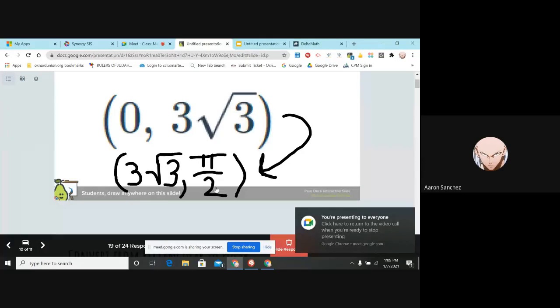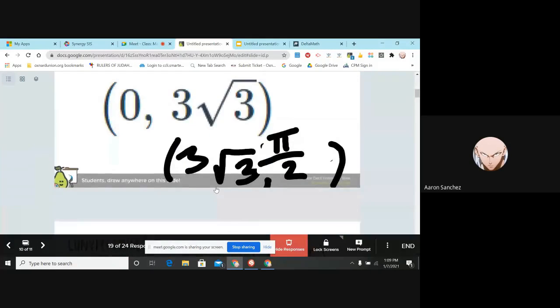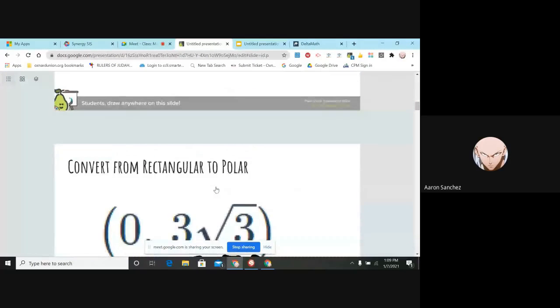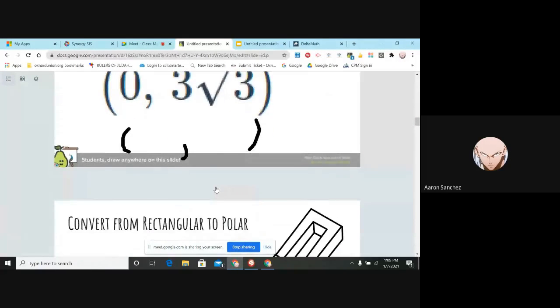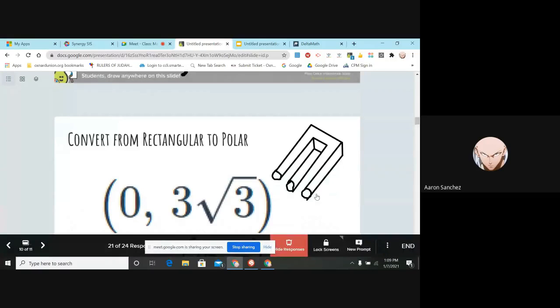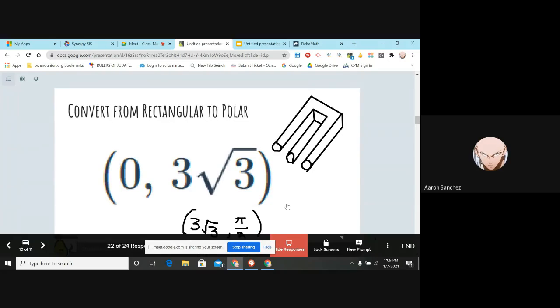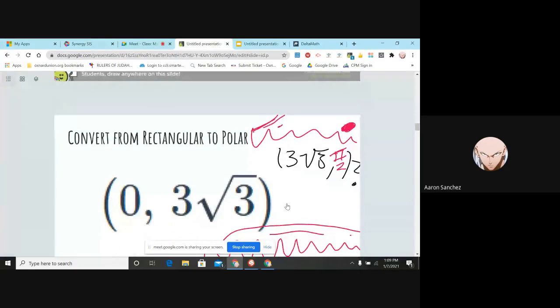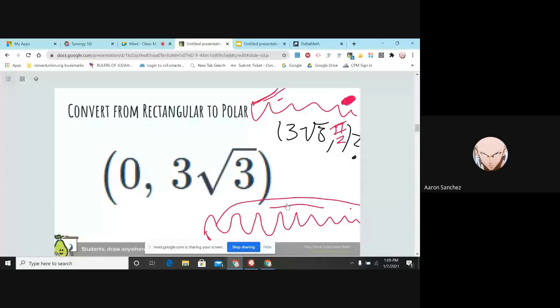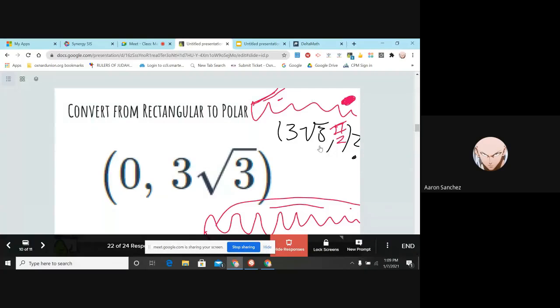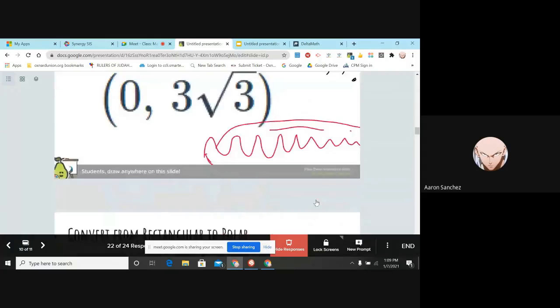3 root 3 pi over 2. That is correct. Yes. Whoa. Well, I'm totally tripping on this drawing right here. I can't tell if it's 3D or not 3D. Is this in the middle? It looks like it's in the middle, but it looks below. Oh my gosh, I'm getting a headache. Whoa! That looks like a monster.